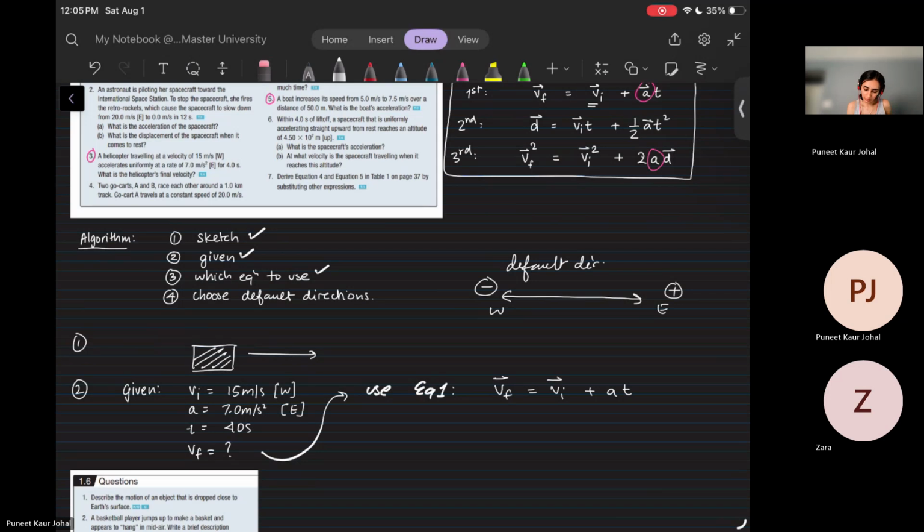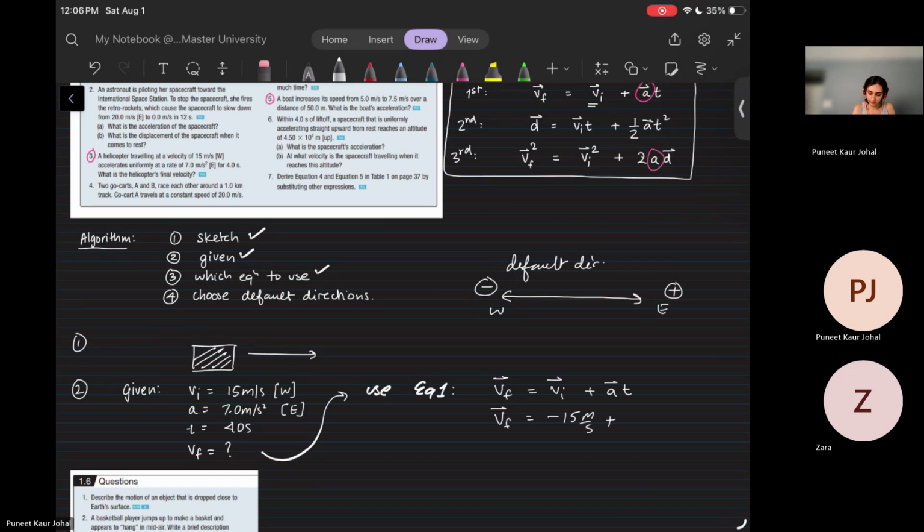We don't know what V final is, so let's start with V initial. What should I put for V initial? Negative 15 meters per second. Very good.